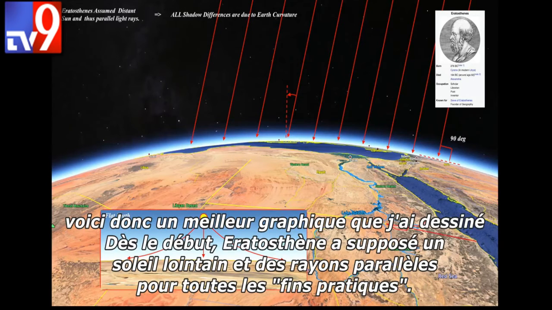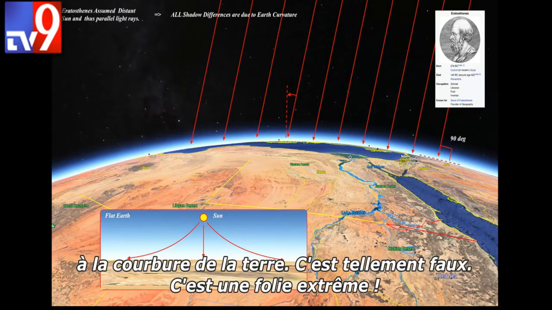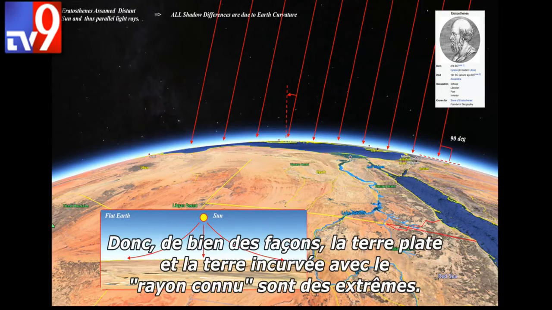So here's a better graphic I drew. Up top, Eratosthenes assumed a distant sun and thus parallel light rays for all practical purposes, which implies all shadow differences are due to Earth's curvature. That's a crazy extreme on one end. In many ways, the flat Earth and the curved Earth of the known radius are extremes.